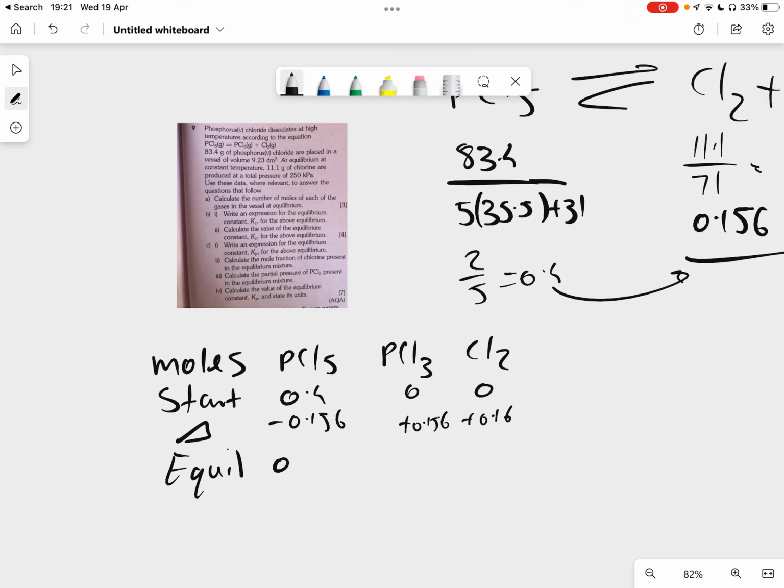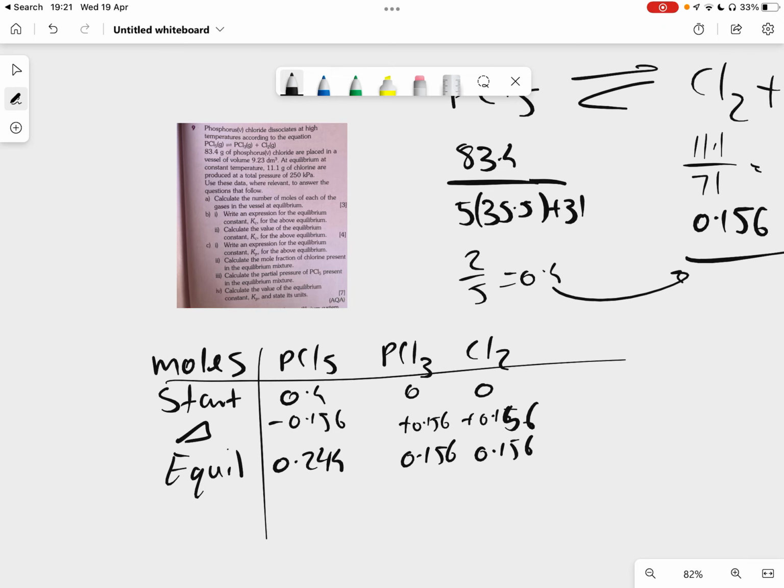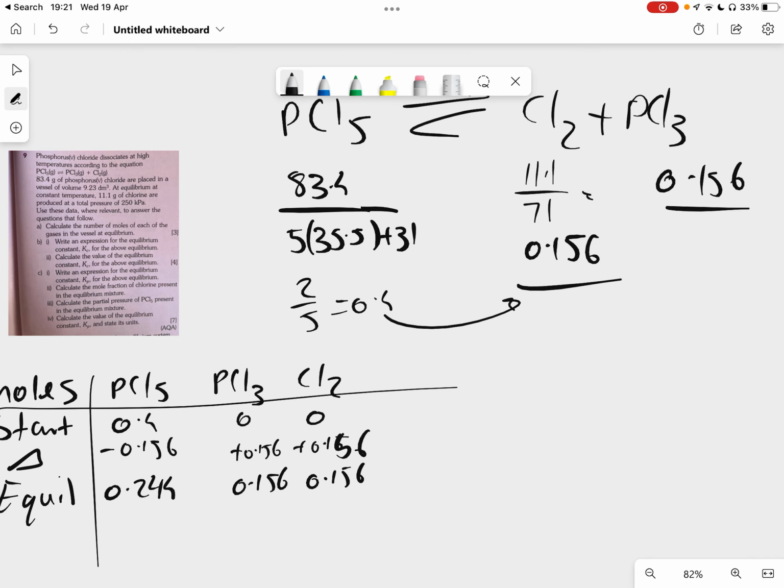So this is going to equal 0.244, and this will be 0.156, 0.156. Okay, so that will come in handy towards the end, I reckon. So that's the number of moles of each.